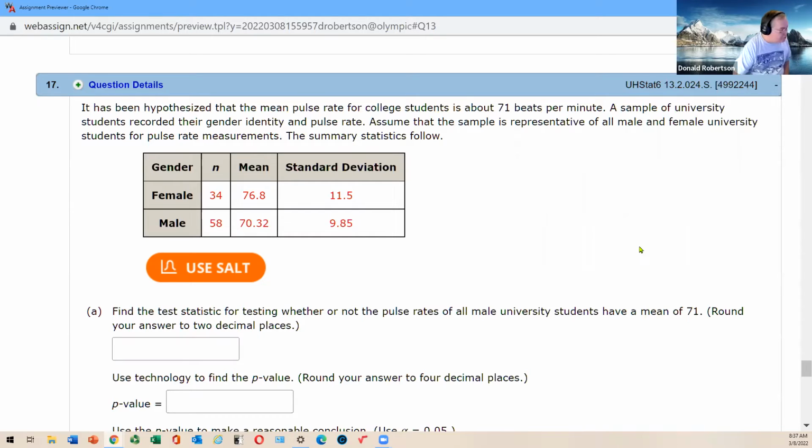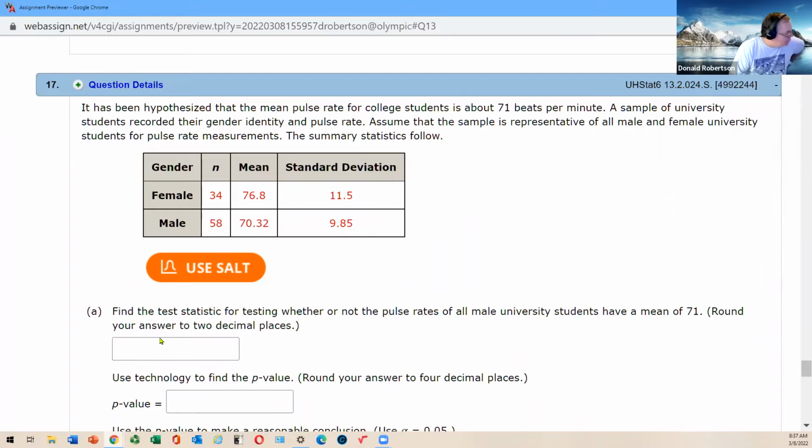So what we've really got here is not one hypothesis test, but two. If you look at the females, there were 34 of them, and their pulse rate mean was 76.8, and this is the standard deviation. For the males, there were slightly more of them. The mean is this one, and the standard deviation is that.